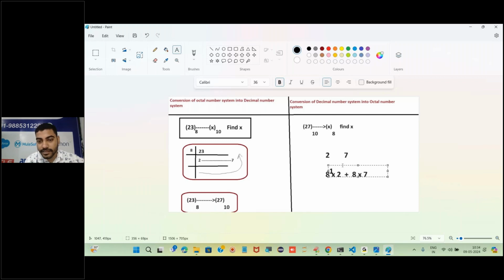Yes or no? 8 power of 1. Next is what? 8 power of 0. Now you go for it. 8 power of 0 multiply with 7. 8 power of 0, anything power of 0 is what? 0 or 1?